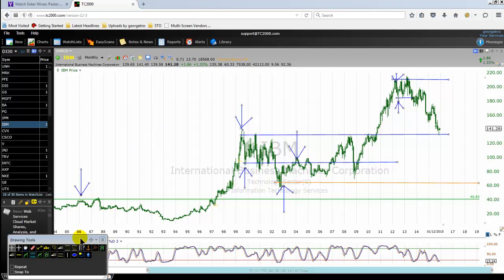We are on a monthly chart of IBM stock, International Business Machines Corporation, listed on the Dow 30, and in fact a market leader for the Dow Jones Index. I have drawn a green line on my chart here, and also some blue arrows dotted on my chart.